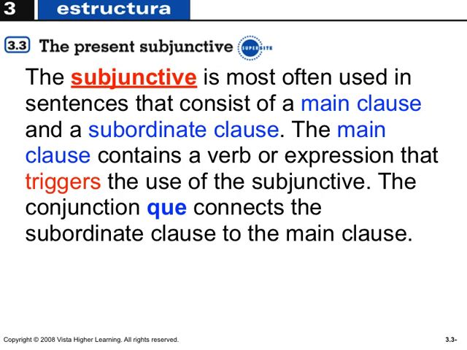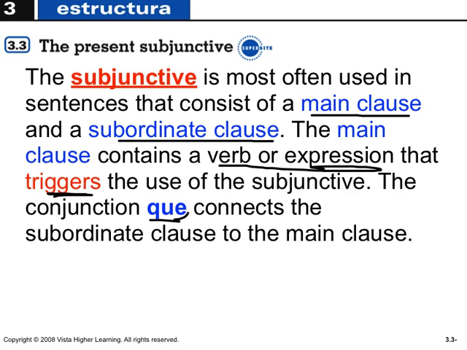So let's repeat. The subjunctive is most often used in sentences that consist of a main clause and a subordinate clause. Those are the two ingredients that you need. Main clause, subordinate clause. And the main clause contains a verb or expression that triggers the subjunctive, and that trigger will occur in the subordinate clause.